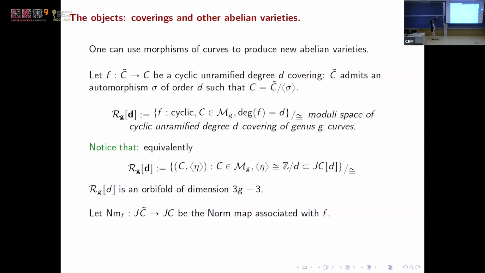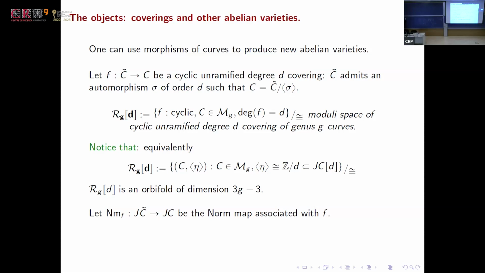Okay, so we have this covering, and we want to arrive at the definition of another abelian variety. The first map that we need to introduce is the norm map associated with f. The Jacobian of the curve, in some sense, parameterizes sums of points of degree 0.